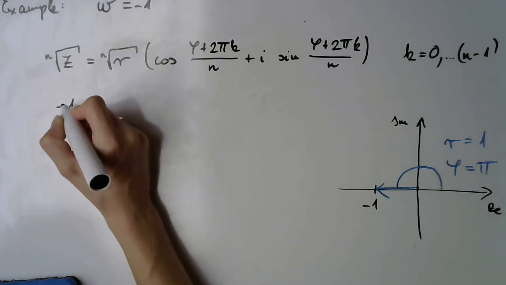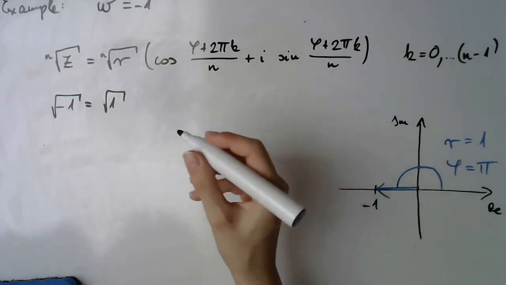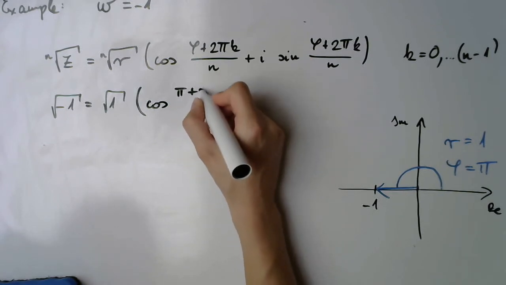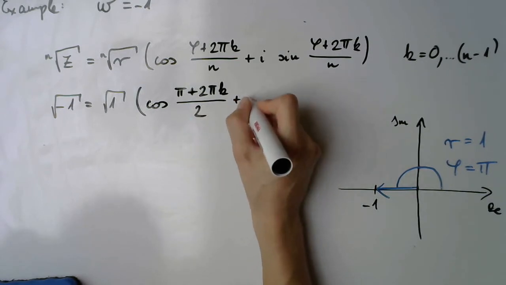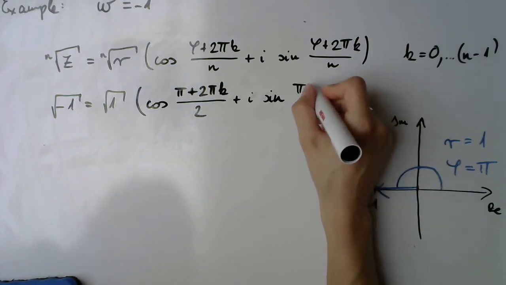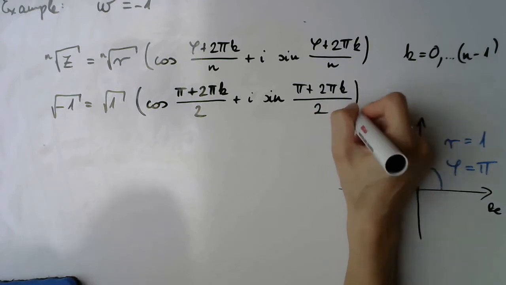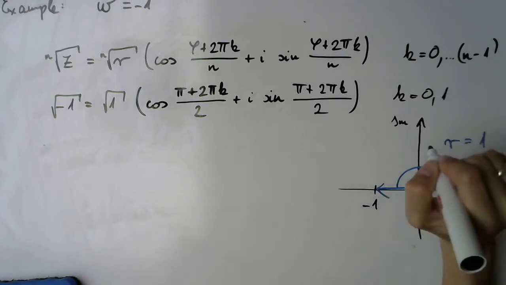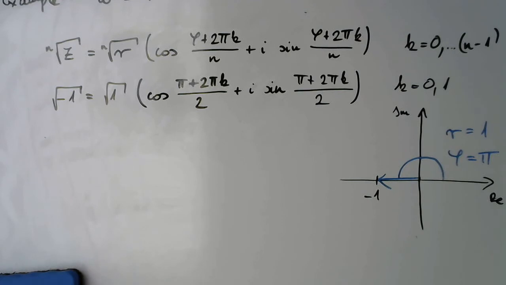So the square root of -1 is the square root of 1, which we will calculate shortly, times cosine of (pi plus 2 pi k) divided by 2, plus i sine of (pi plus 2 pi k) divided by 2, and in this particular case k can be 0 or it can be 1. So we will have the two solutions to this equation.